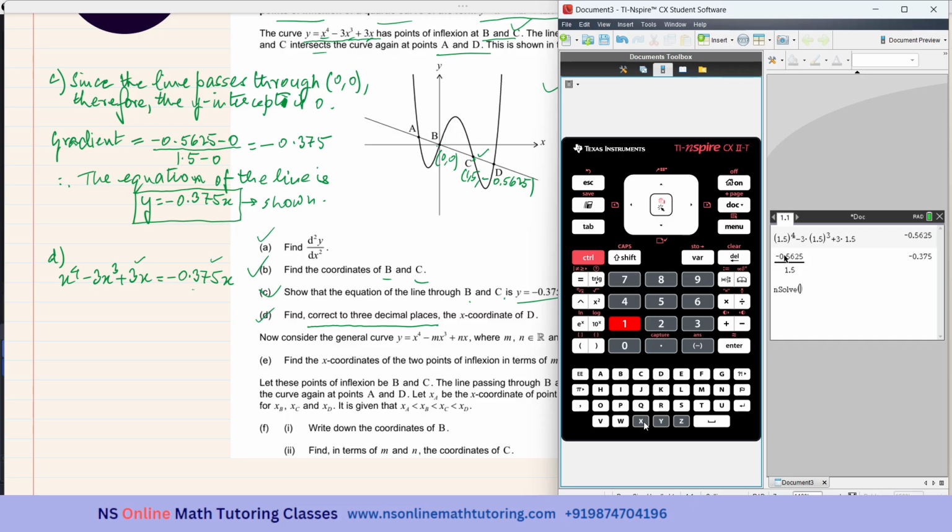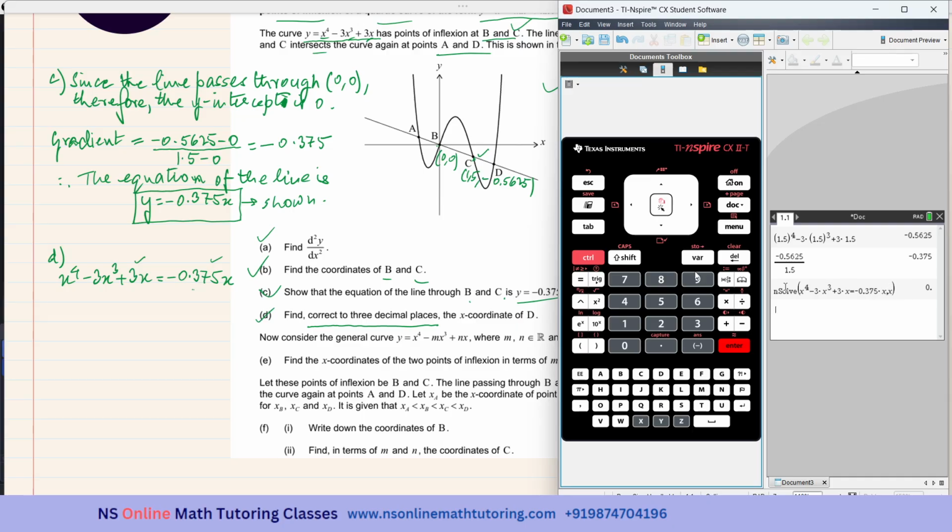I'll enter the equation x raised to the power of 4 minus 3x raised to the power of 3 plus 3x equal to negative 0.375x, then I have to declare the variable, so comma x, and enter.